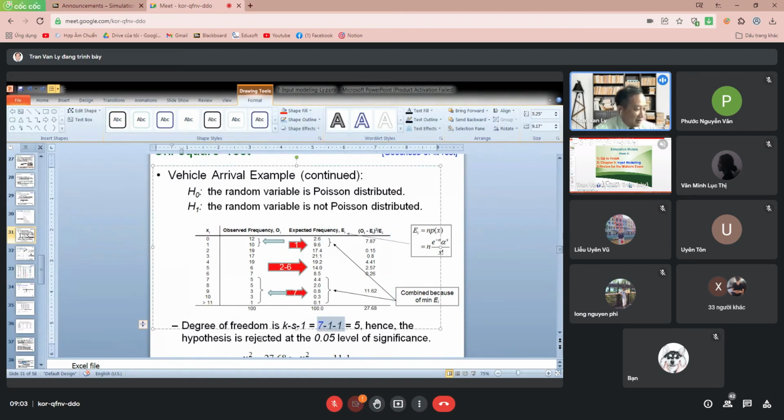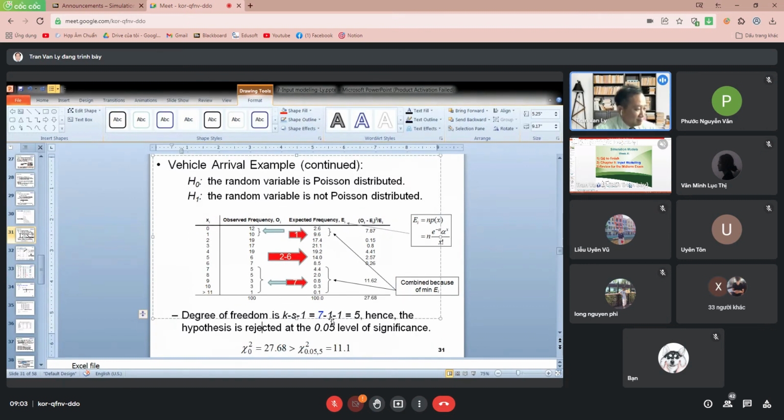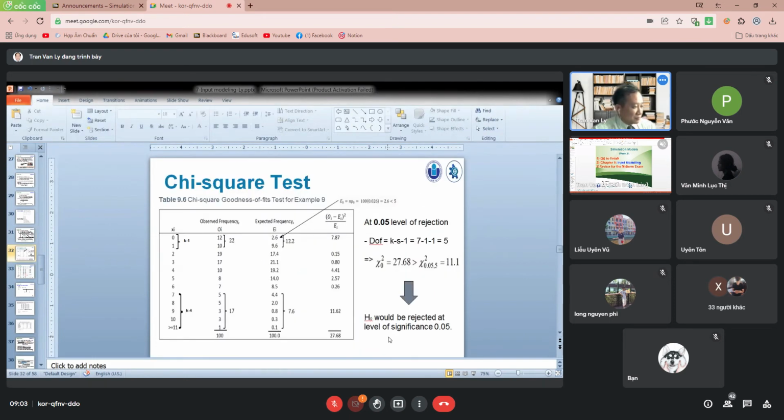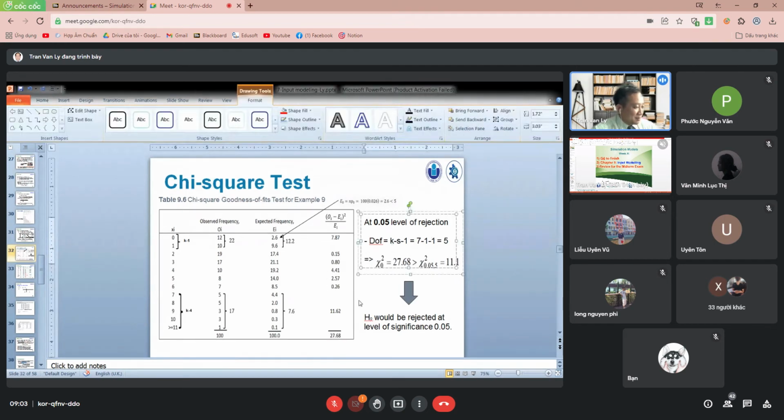And you see, the hypothesis is rejected at this level of significance, because the chi-square is too big. What else? You can also see the degree of freedom, which I explained in this case: 1, 2, 3, 4, 5, 6 observed frequency here.